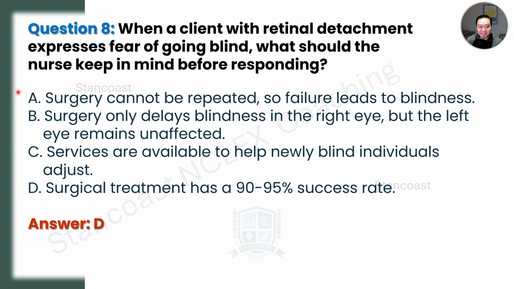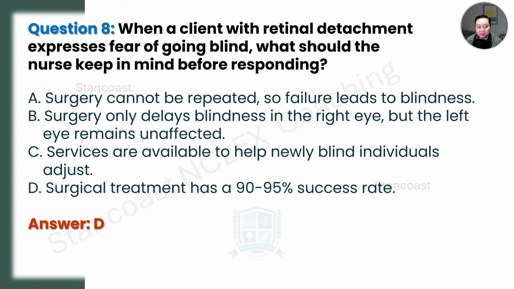Now, if you selected letter A, surgery cannot be repeated, so failure leads to blindness. It's false because the retinal detachment surgery can be repeated if the initial procedure is unsuccessful. In some cases, a second surgery can be done within 10 to 14 days after the first attempt. And so the failure in the first surgery doesn't immediately lead to permanent blindness.